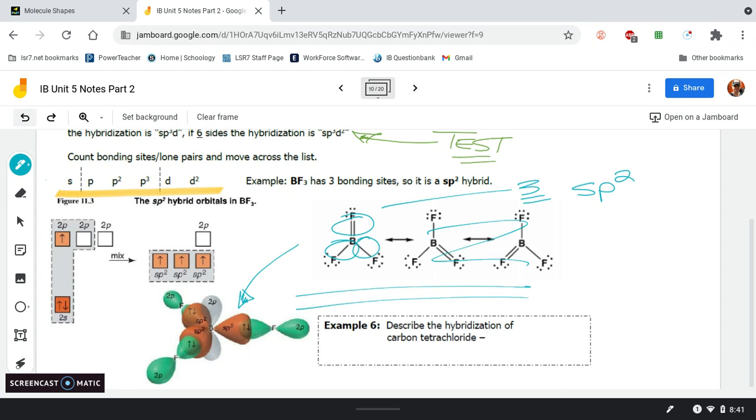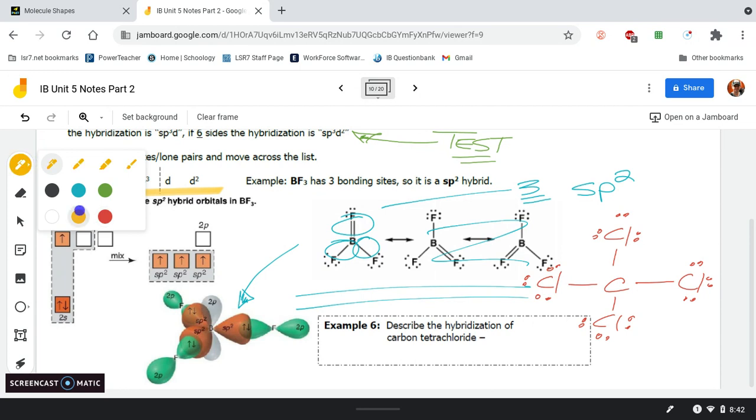Carbon tetrachloride is CCl4. So let's dot them up. Okay, target number.